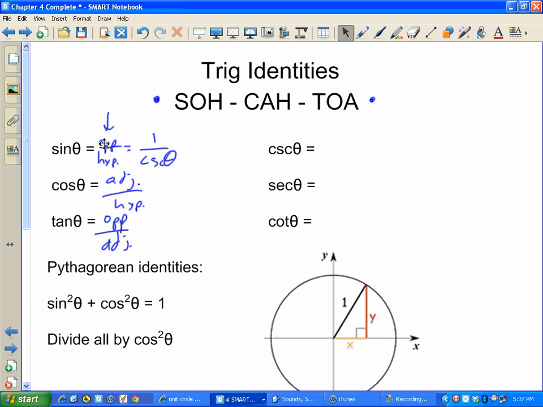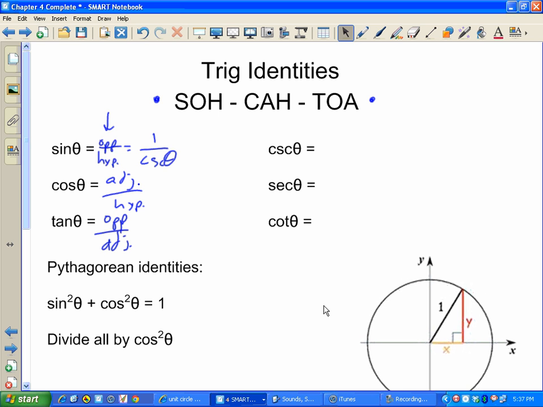Cosecant is going to be hypotenuse over opposite, secant would be hypotenuse over adjacent, and cotangent would be adjacent over opposite. But if you're dealing with opposite, adjacent, and hypotenuse, you're probably not going to have to use these at all. These are mainly used for the unit circle type calculations.